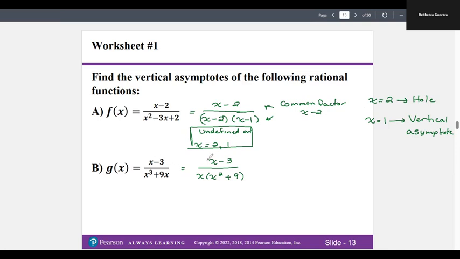Right, and then for g, if I factor that, I get x minus 3 over, and the only thing I can factor at the bottom is x, so x times x squared plus 9. So this is never equal to 0. This, however, can be 0, right? So we have only one place for undefined.